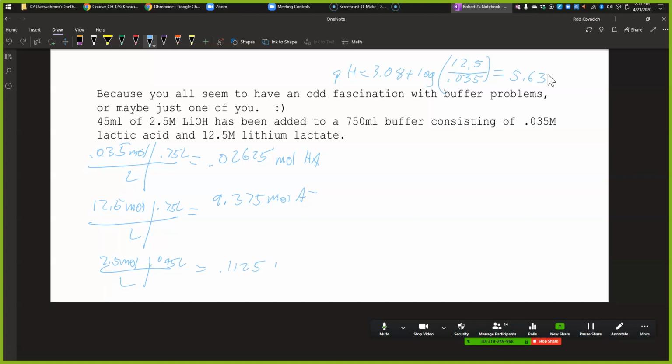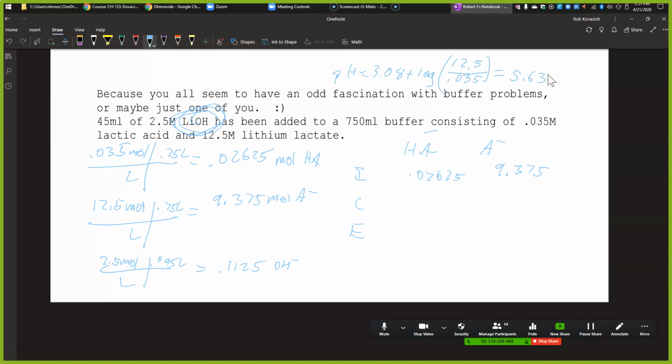And what is this? Oh, yeah, I forgot I did this. Okay, so HA, and then A negative, and then ICE. This one is 0.02625 and this one is 9.375. And what's this lithium hydroxide going to react with?